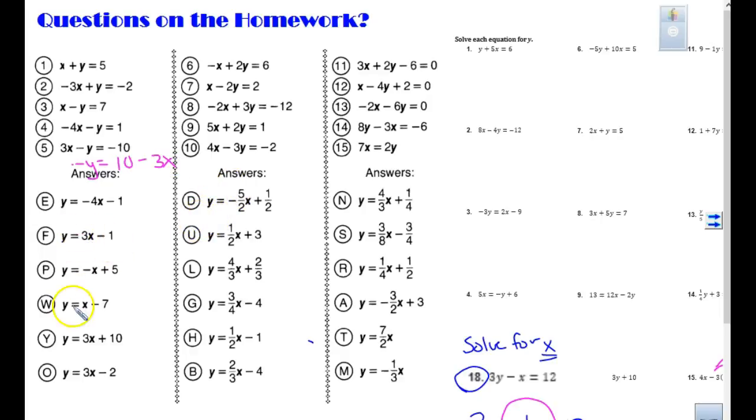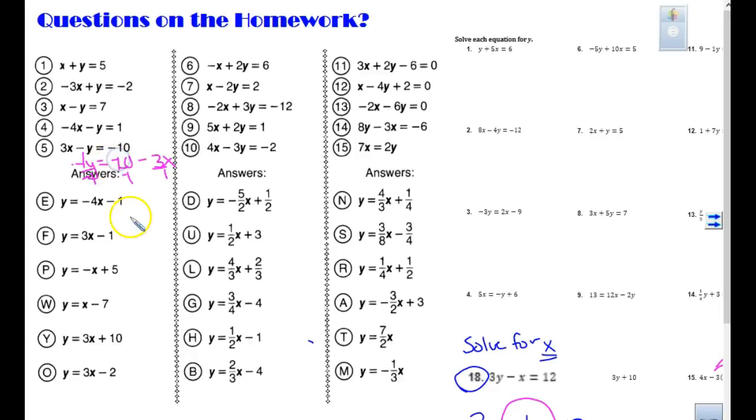And look at how every answer is down here. Every answer has the what first? After the y equals, it then has the variable, right, then the number. So if I have this negative y equals 10 minus 3x, first thing, I have to divide everything right now by negative 1, right? It's a negative. Yeah. Negative 10. Good.